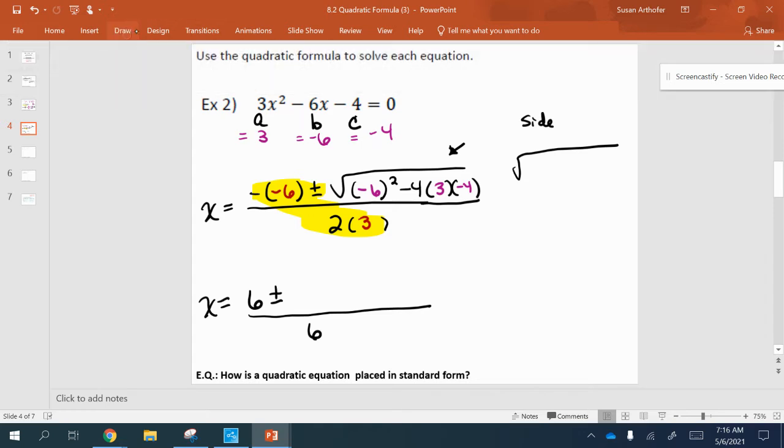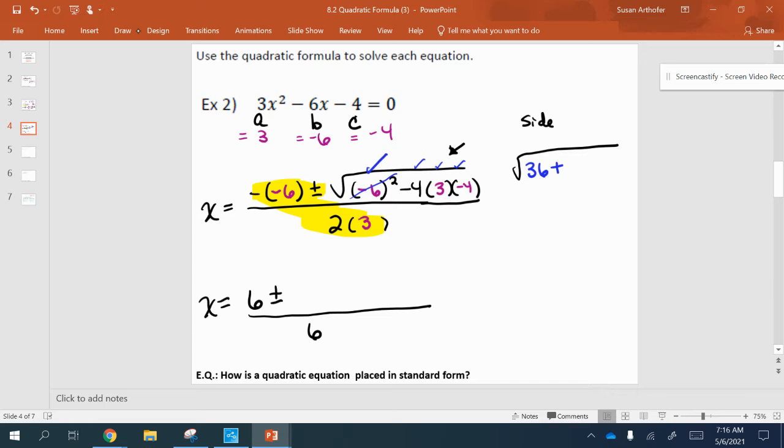So first thing we're going to do is take care of negative 6 squared. That means negative 6 times negative 6, which is 36. We're going to cross that out, and then we're going to watch our signs. A negative times a positive times a negative. A negative times a negative is a positive times another positive. We would have a positive in here.